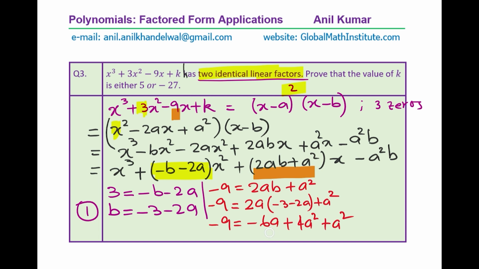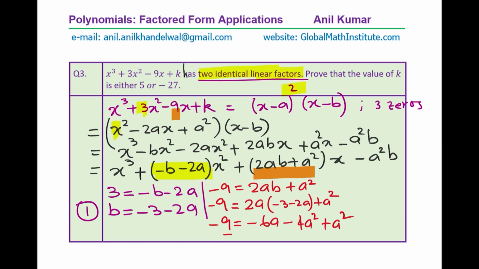We can find the value of a from this particular equation. Wait, 2a times minus 2a will be negative 4a squared. So it's better to bring this to the left side now.